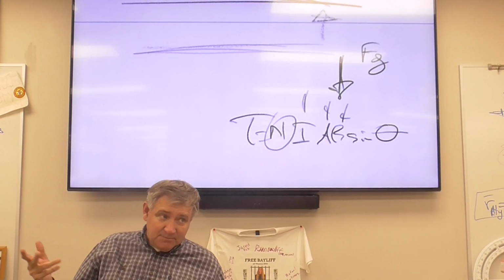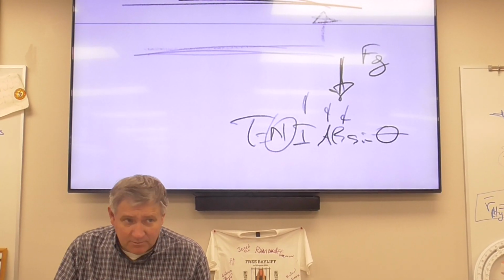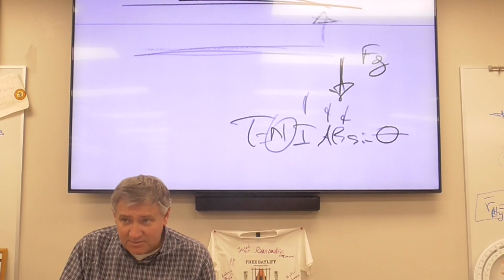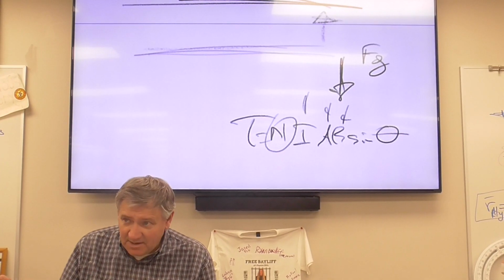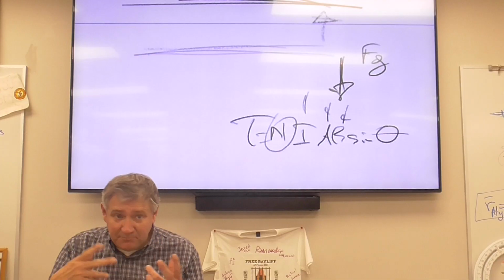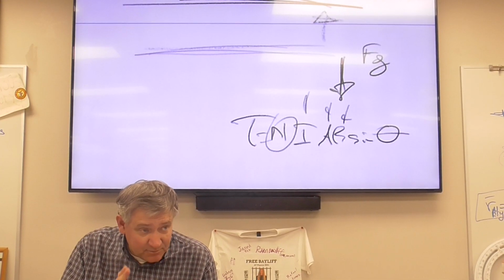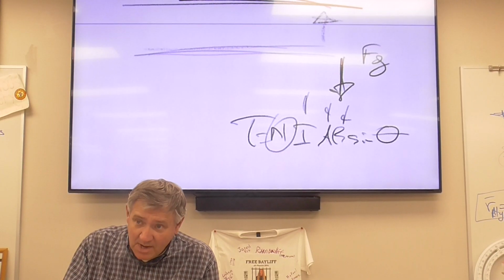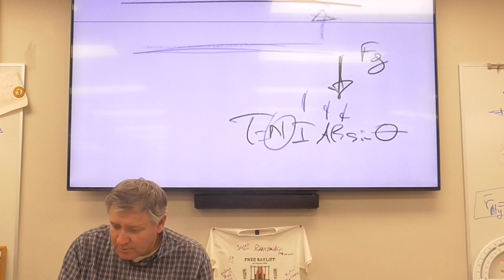Radius is getting bigger, so more torque. If you don't have a magnetic field, you're not going to have a torque. And if you don't have a current, you're not going to have a torque either, because you have to have both in that equation. They're both directly related. The more current and the stronger the magnetic field, the more torque.